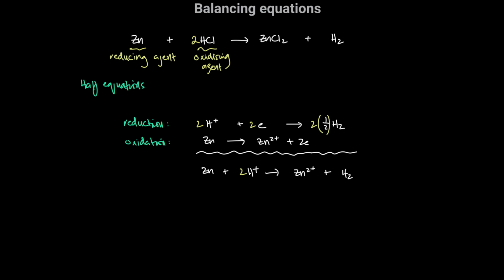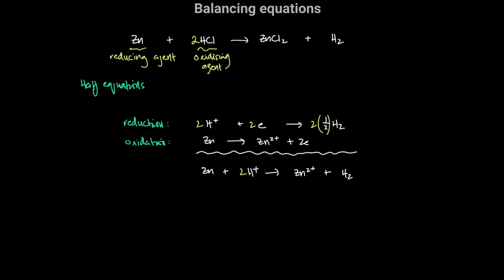Now another way to balance this equation is by using changes in oxidation number. We know that it's a redox reaction, because zinc is going from 0 to +2 and hydrogen is going from +1 to 0. The oxidation number of zinc is increasing, so it's being oxidized. The oxidation number of hydrogen is decreasing, so it's being reduced.